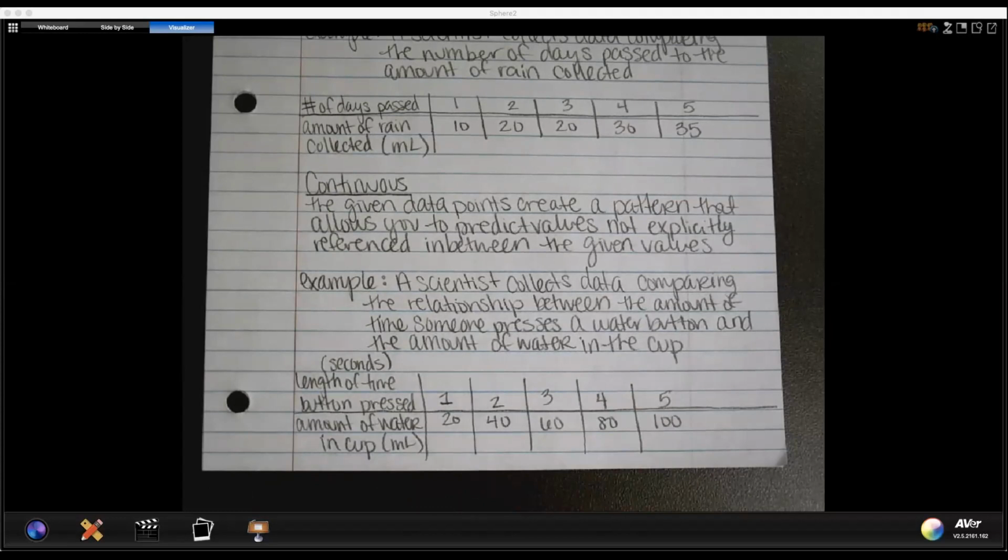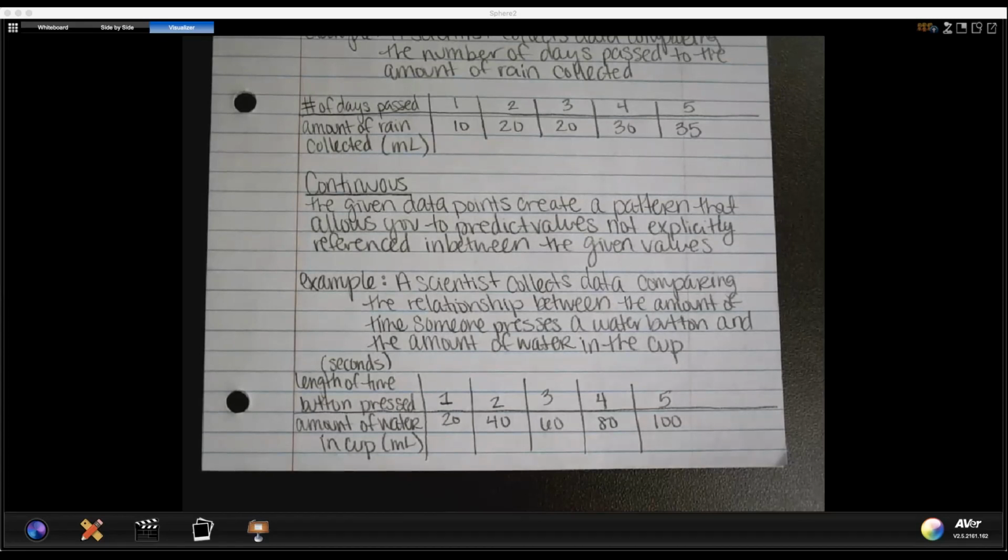Why is it continuous? So to clarify, I could have a discrete pattern. Just because it's discrete doesn't mean it doesn't have a pattern. I just want to clarify that. Okay, why can I tell this is continuous?